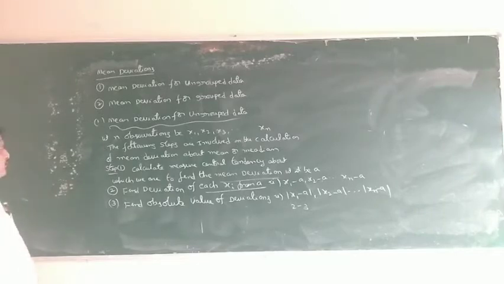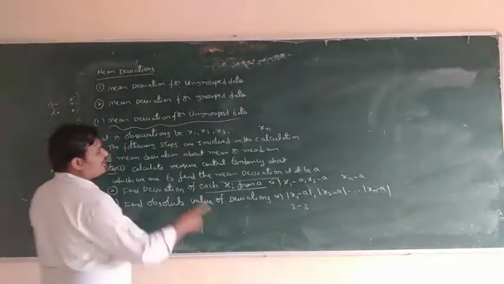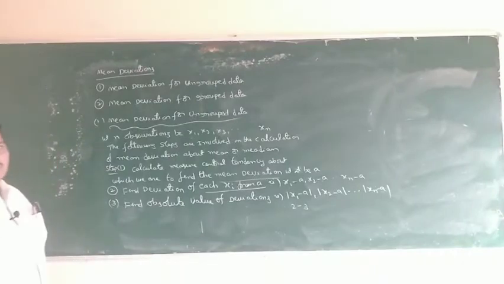Ungrouped data procedure: mean deviation about mean and mean deviation about median. So this is the mean deviation about mean procedure. Now the mean deviation about median procedure.